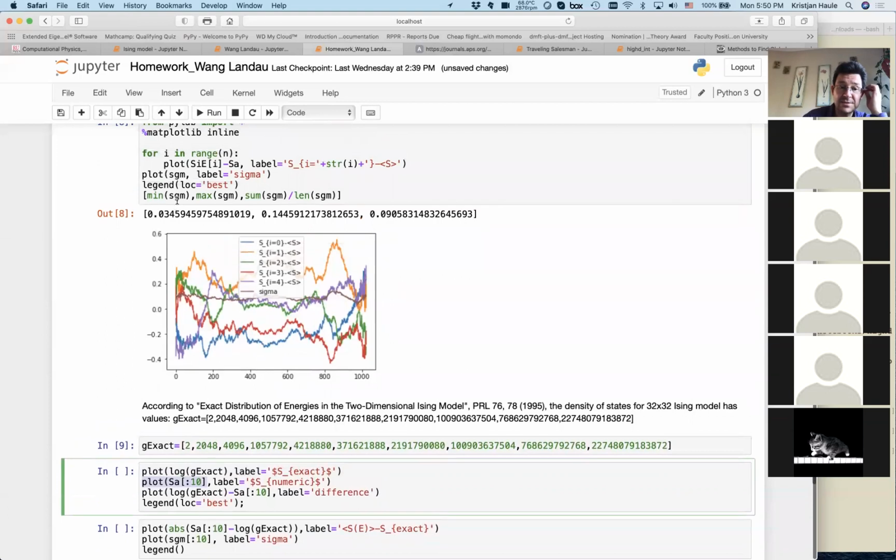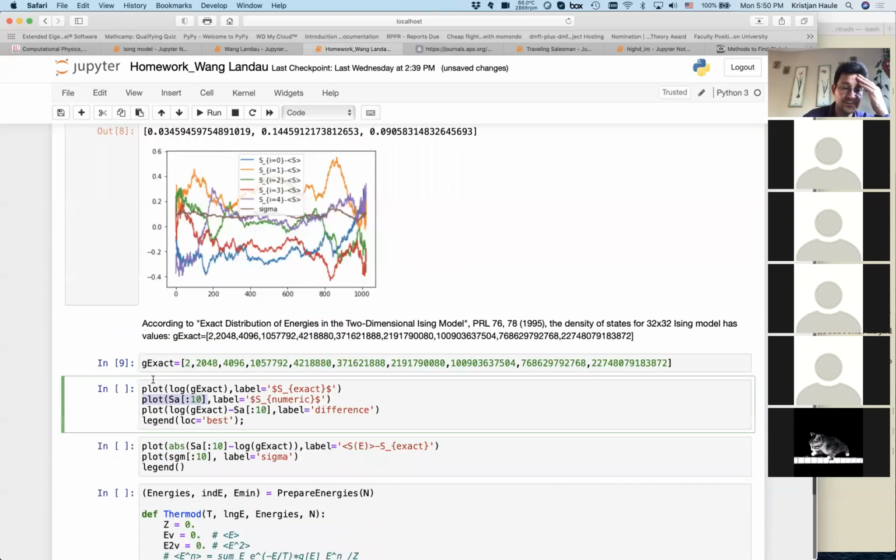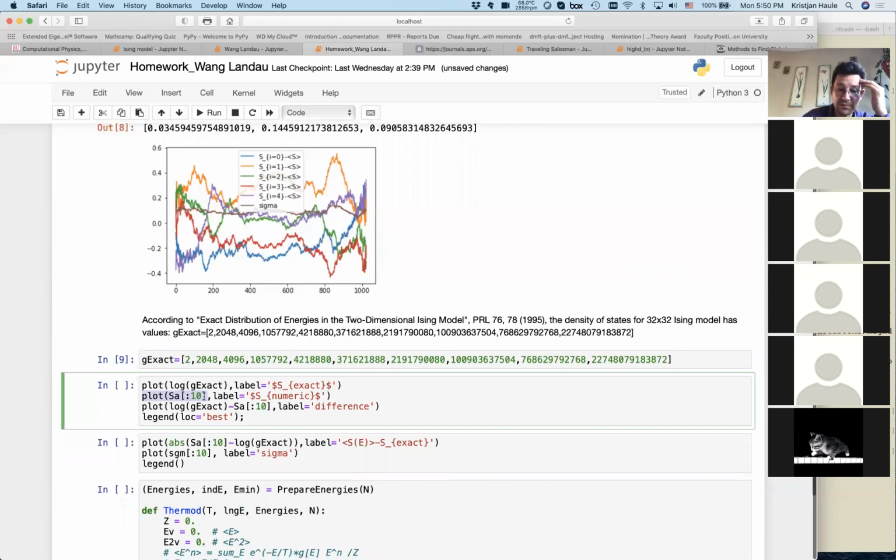This is SA, which was just calculated above. So this is average of logarithm of the states is SA. So we are plotting our estimated logarithm density of states for first 10 energies, and then we check the difference between exact and our approximated logarithm density of states.